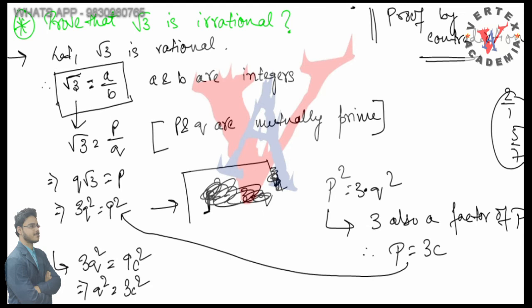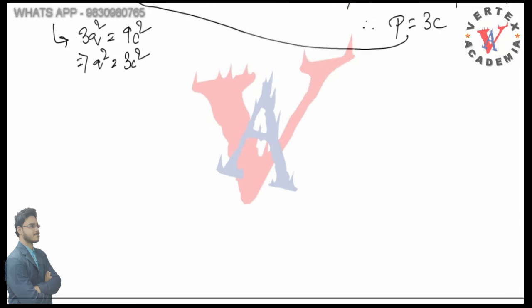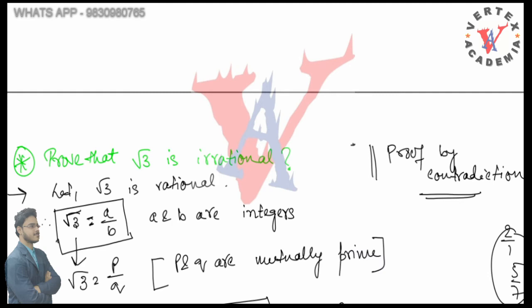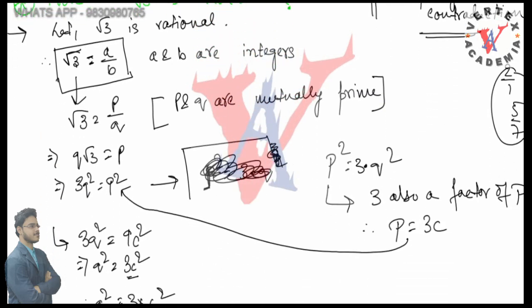Now here again we have to see this. Here Q square equals 3 into C square, so 3 is a factor of Q square, therefore 3 is also a factor of Q. Now here we have come to a conclusion.